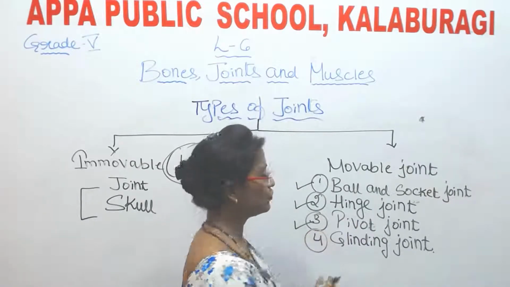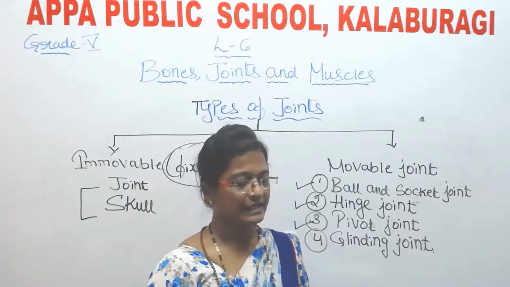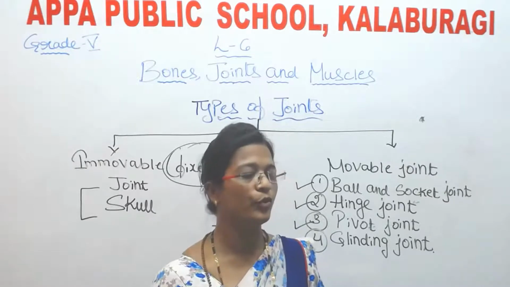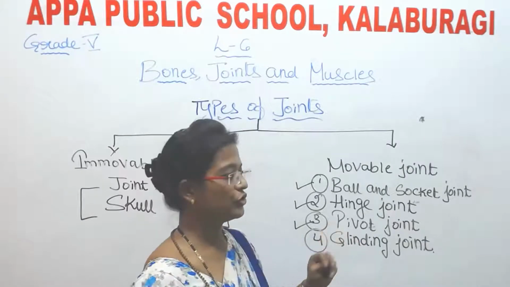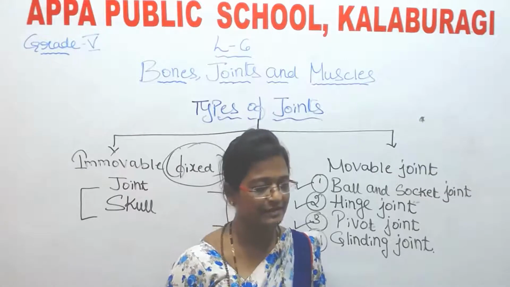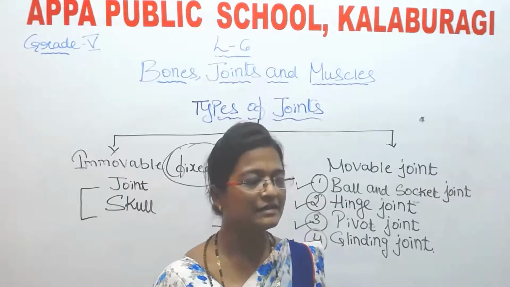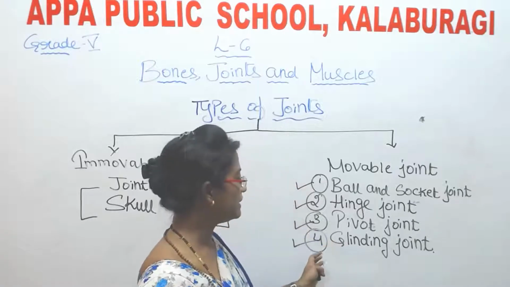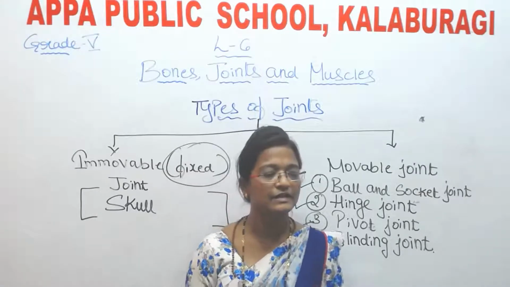And what about the pivot joint? Yes, in the skull, at the first vertebra bone. We find the pivot joint there. And where do we find the gliding joint? In the ankle and in the wrist.